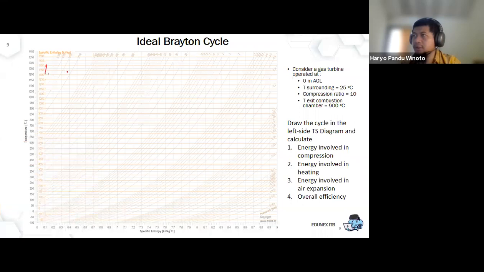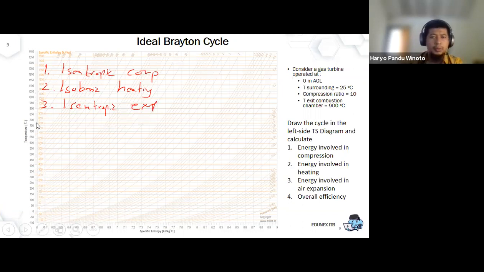First is isentropic compression. Second one is isobaric heating. And then third one is isentropic expansion.